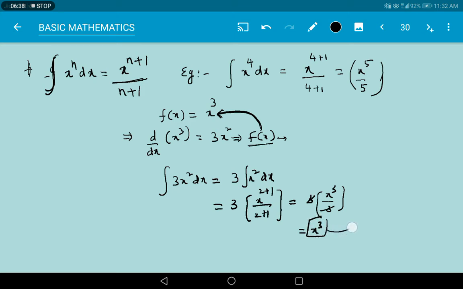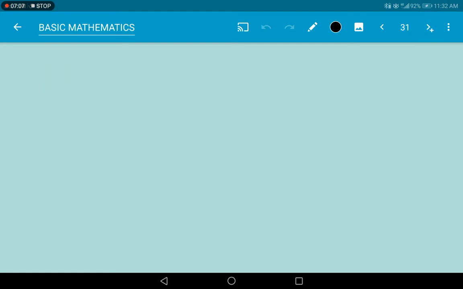That means we get the function from its derivative. Okay, so x cube is the function. In the question they are giving the derivative of x cube, so we find the actual function of 3x square. So this is a verification that integration is the reverse process of differentiation. Right, let us see some more formulas related to this.